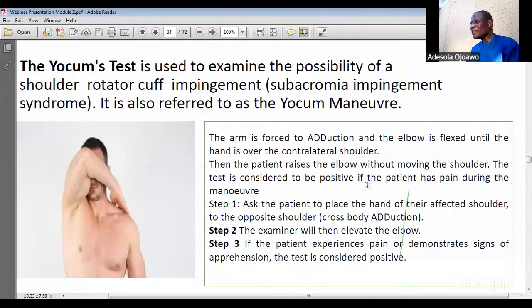If the patient experiences pain or demonstrates signs of apprehension, look at the patient, the facial expression is changing. So that shows that the test is positive. It's an impingement test on the rotator cuff muscles and the acromial process here. We call it the Yocum test.